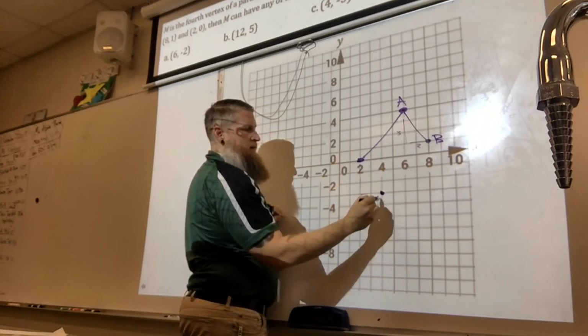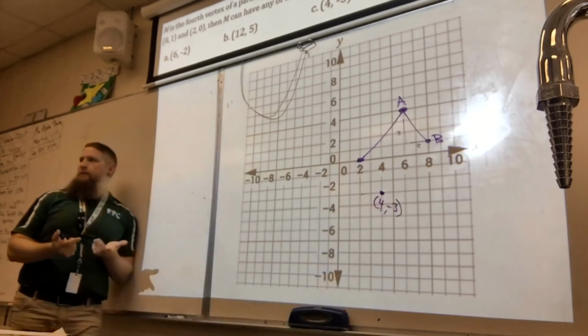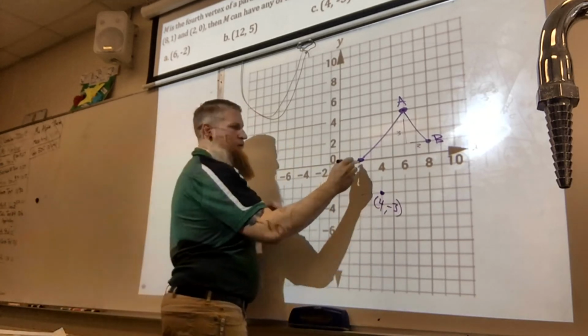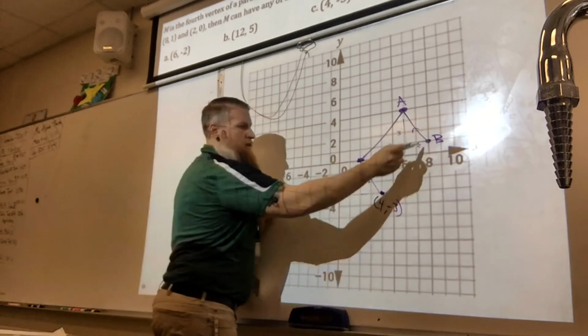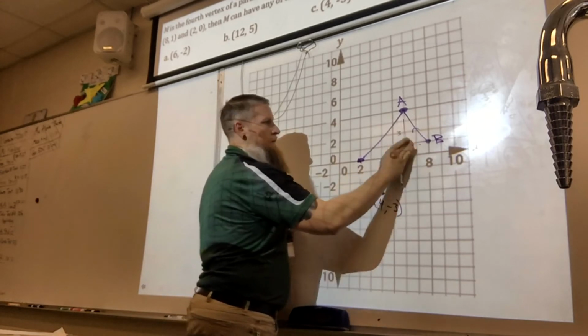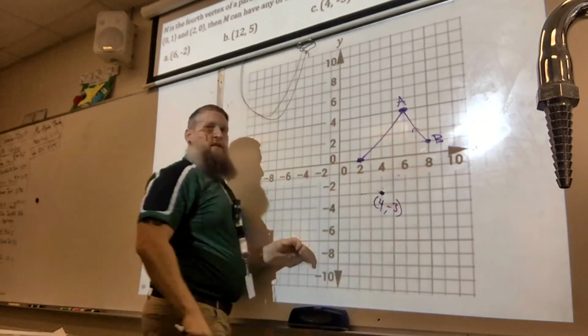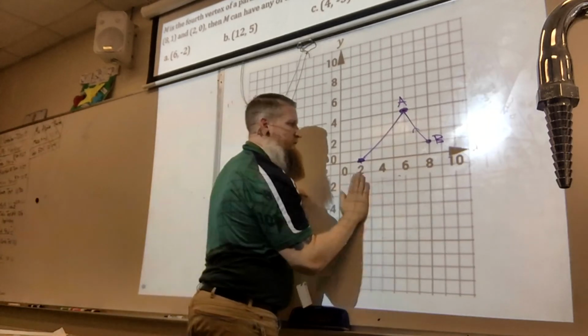That point right there, 4, -3, would create a parallelogram because these 2 sides are parallel to each other, and in turn, so is that. Is that one of the answers up there? Yeah. So cross it off, because we're trying to find the one that doesn't work.